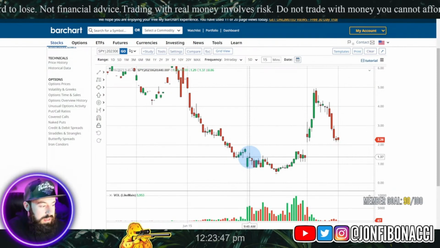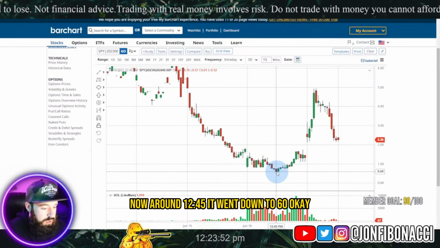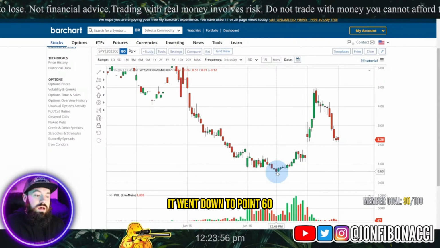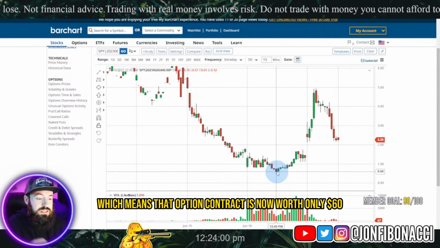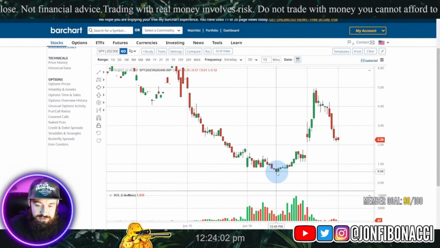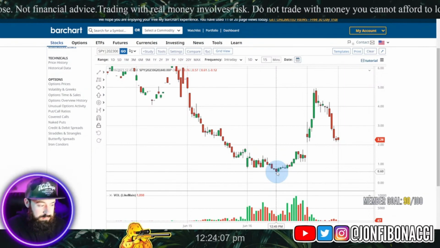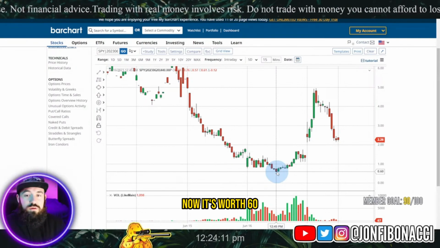Now around 12:45, it went down to 0.60, which means that option contract is now worth only $60. So in a couple of hours, it was 137, now it's worth 60.